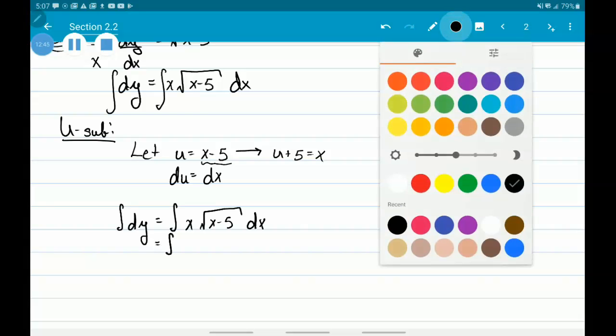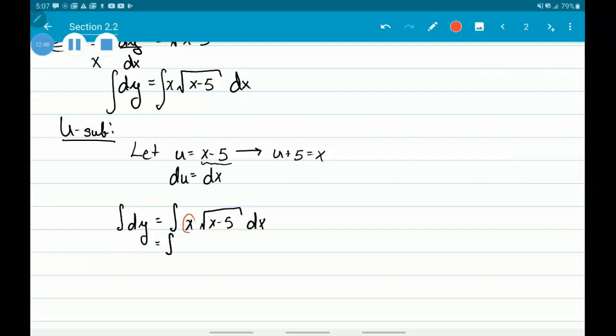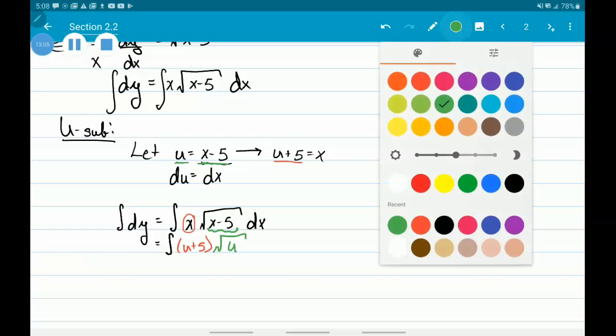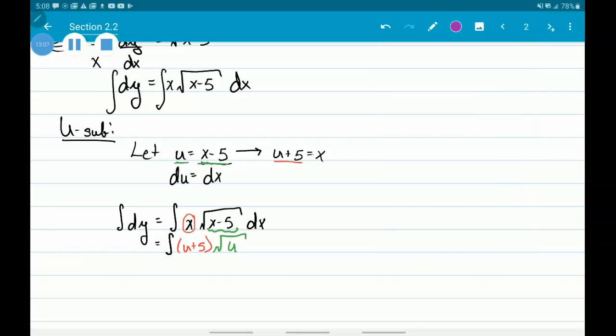But we could substitute in for this x, u plus 5. We could substitute in for this. That was our original u. So now we have the square root of u. And we also know that the substitution for dx would be du.